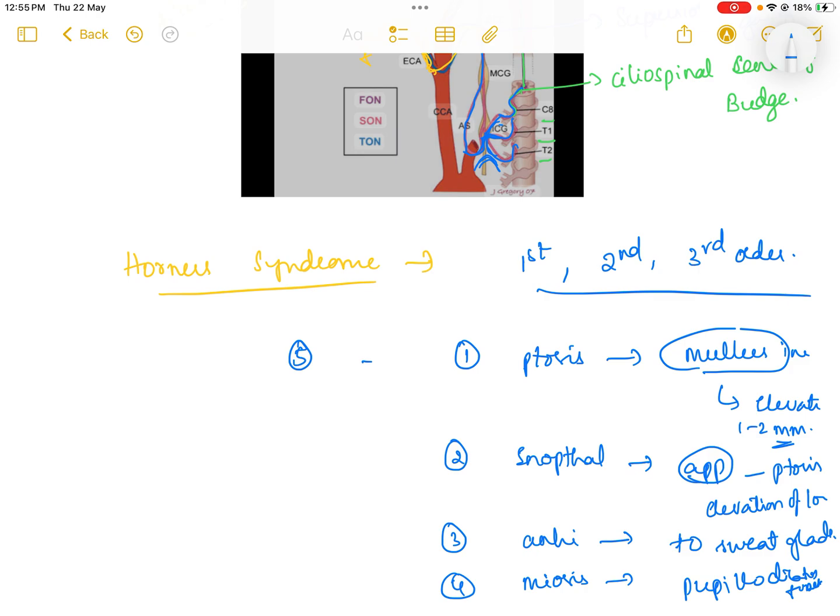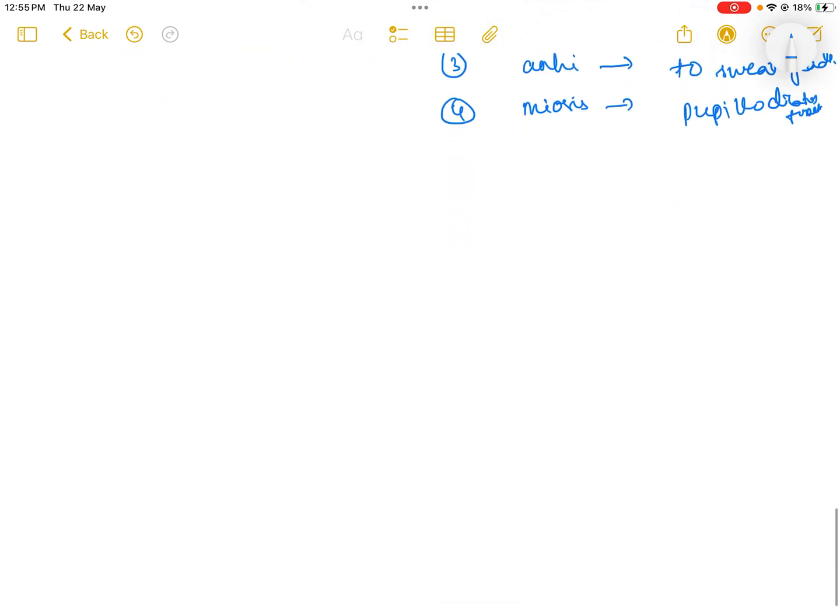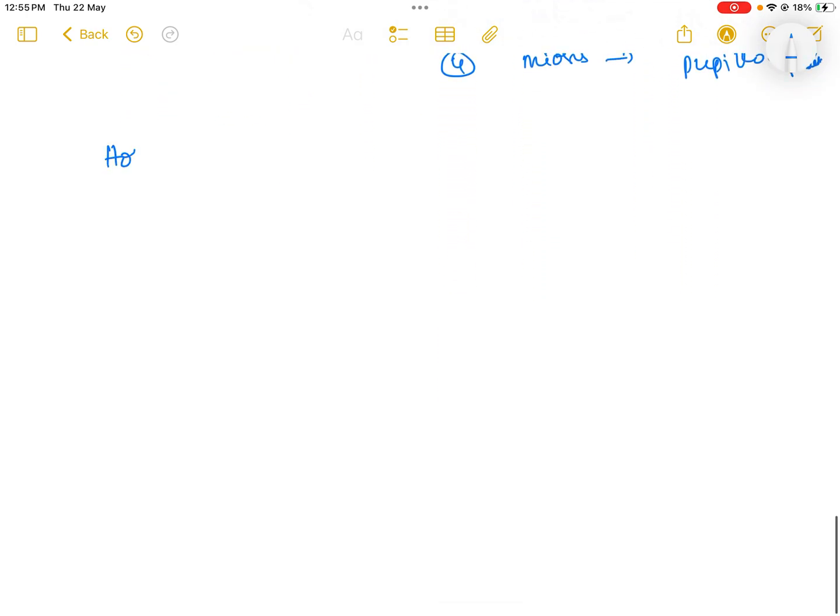So these are the components of sympathetic Horner syndrome, which is due to involvement of sympathetic nervous system to the eye. So how do you diagnose Horner syndrome? Whether it is first order neuron involvement, second order neuron involvement, or third order neuron involvement.